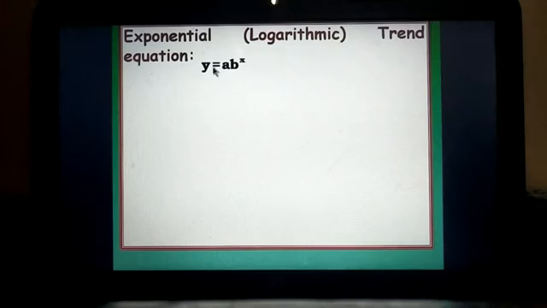By applying summation to this and by applying summation of x to this, we will be able to get them. For our convenience, this exponential equation is being converted to a logarithmic equation by applying logarithm to this particular equation. So what will it become?